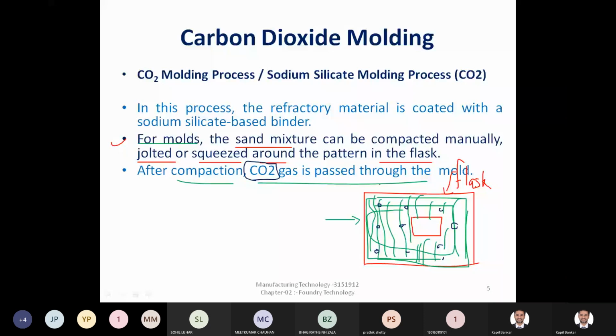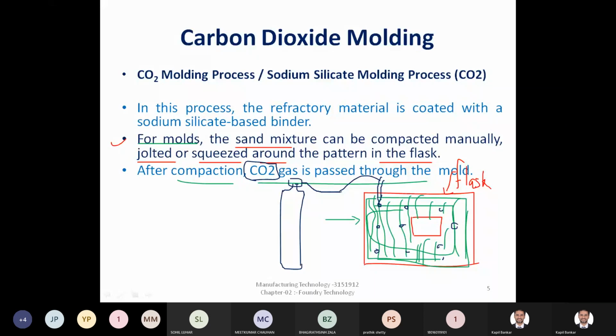From this nozzle, I will insert it into this particular hole and apply the CO2 gas. Suppose this is my CO2 cylinder. From that CO2 cylinder, I will apply the CO2 gas.